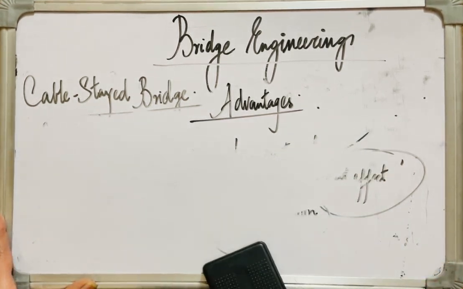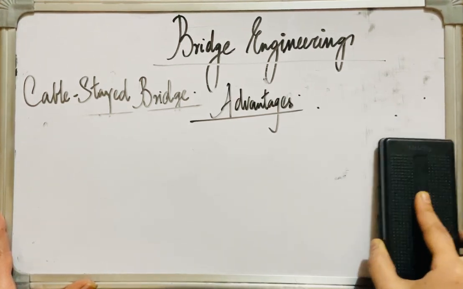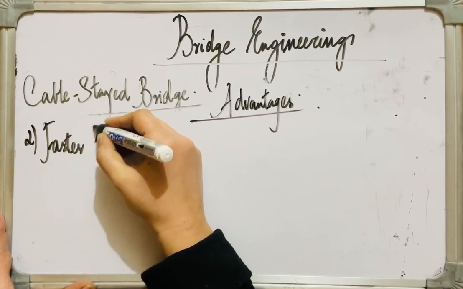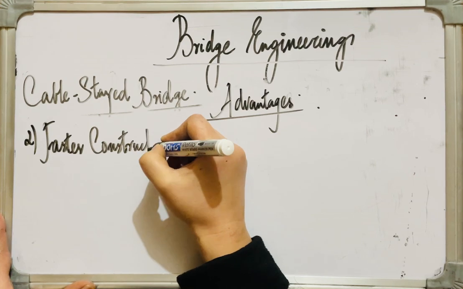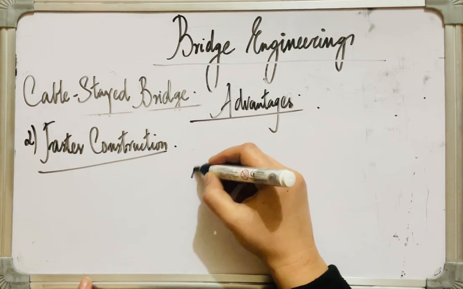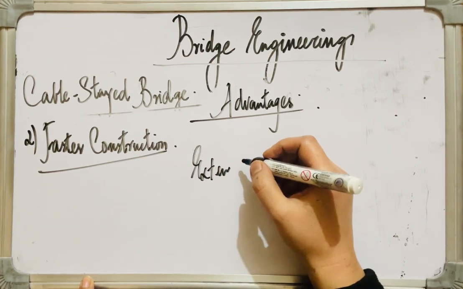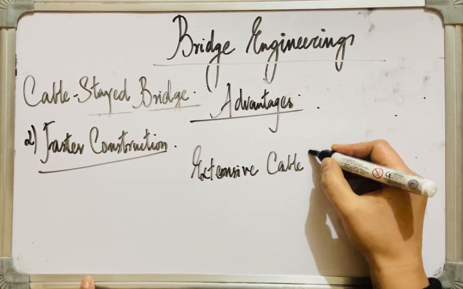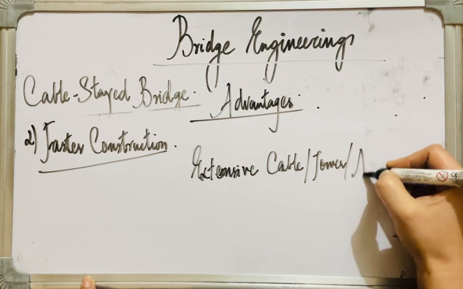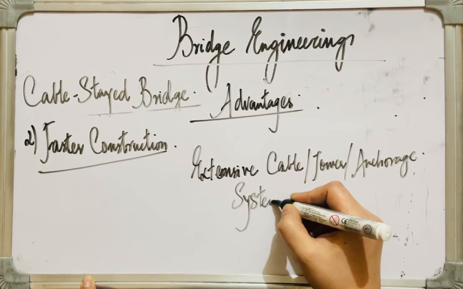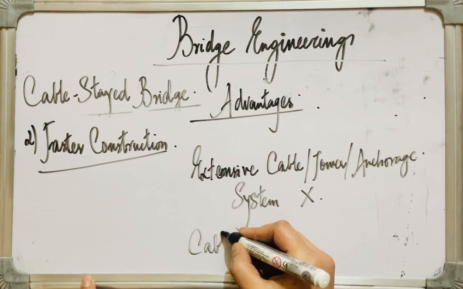Second one, faster construction. These bridges can generally be built faster than suspension bridges because they don't require the extensive cable, tower and anchorage system. An extensive cable, tower and anchorage system is not required in case of a cable stayed bridge, unlike a suspension bridge.